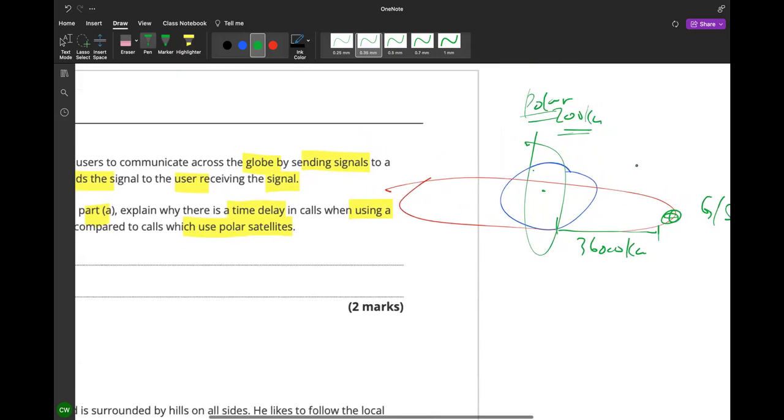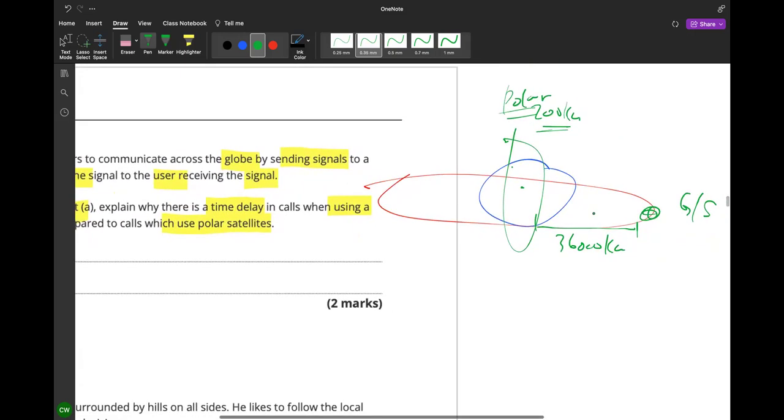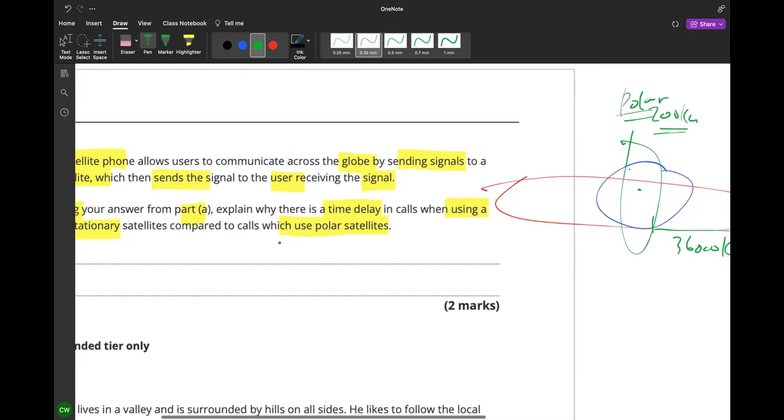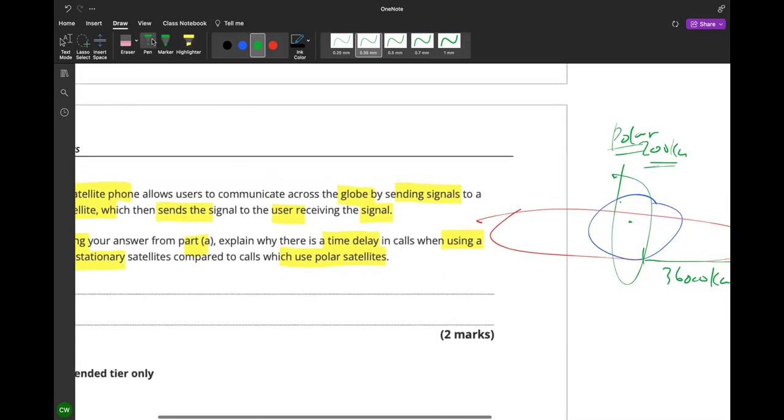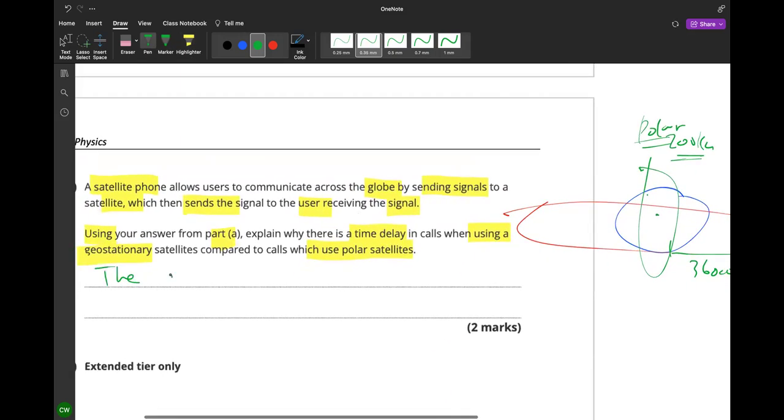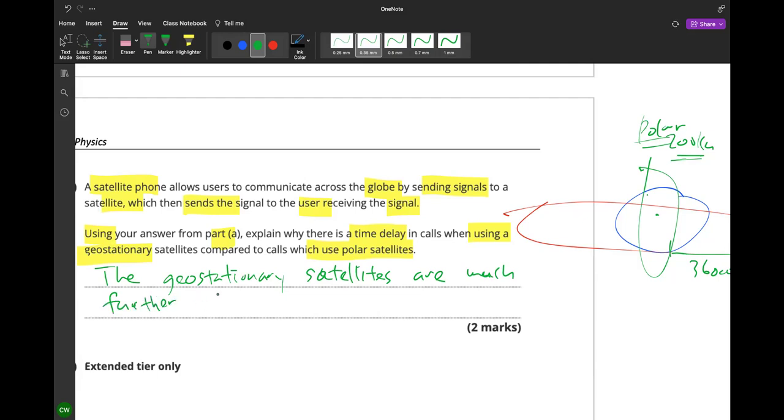Okay, so you need to explain about how far. You need to talk about the geostationary satellite being much further away from the Earth.